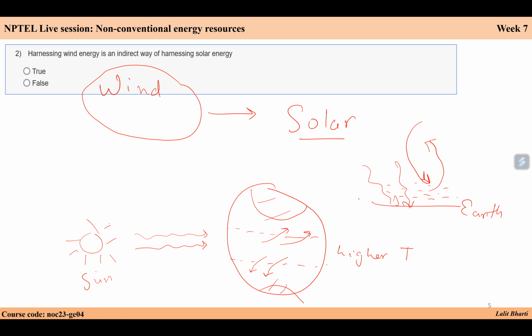So by these examples we have linked solar energy to wind energy. So we can say yes, wind energy harnessing is an indirect way to harness solar energy. This statement holds true.